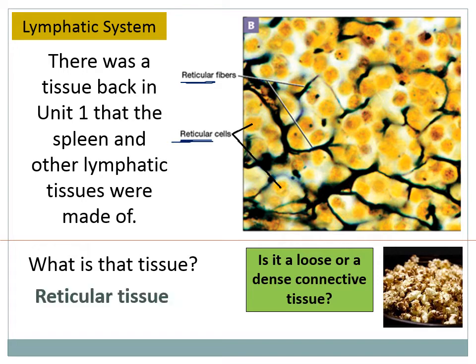Yeah, reticular, right? It says it right there, right where I underlined it. So this is reticular tissue. If you remember all the way back in Unit 1, it was either loose or dense connective tissue. What kind was it? Yeah, this was loose connective tissue. So, just trying to keep things in your brain, keep you focusing on what you need to know.